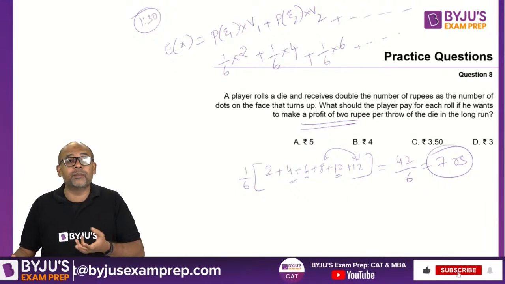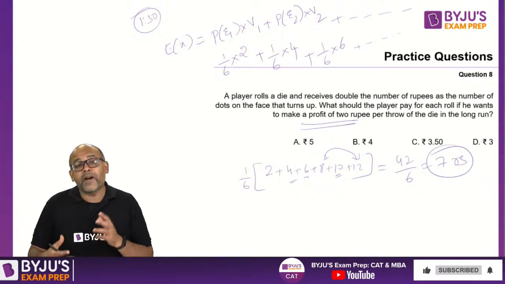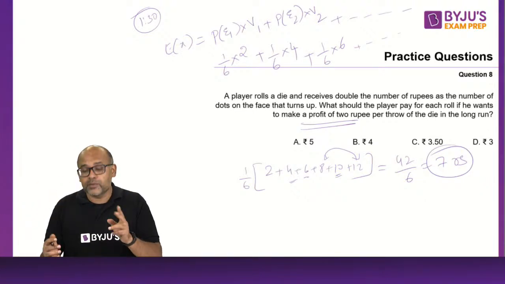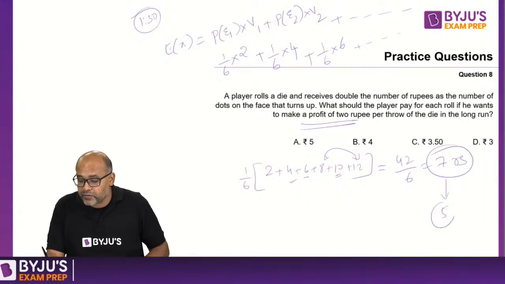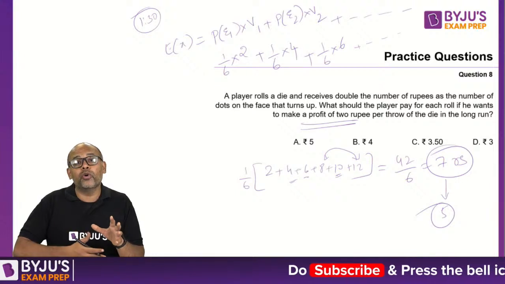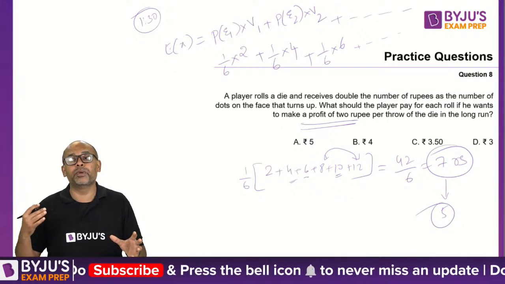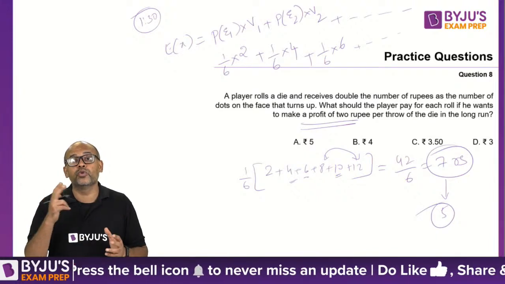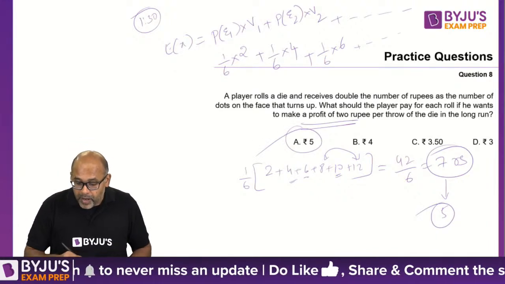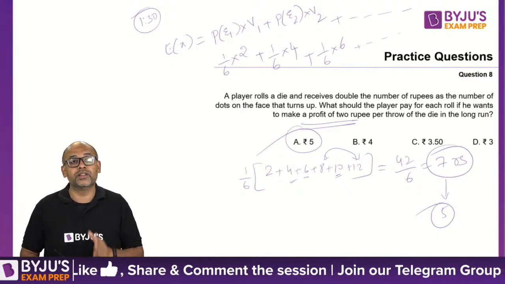At the end of the day, it's a betting game. So I bet some money, I might win something. So if I have to net win 2 rupees, I can spend 5 rupees. Over a period of time when I keep playing this, for every 5 rupees I spend, I can get 7 rupees back, which means the net effect is 2 rupees profit. Hence, I can afford to spend 5 rupees on such a game.